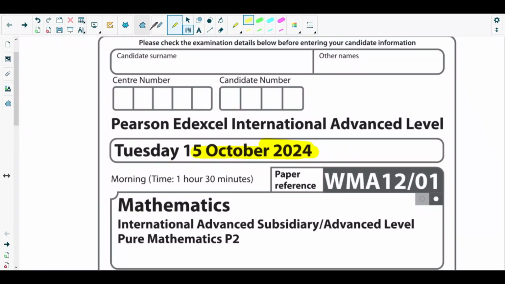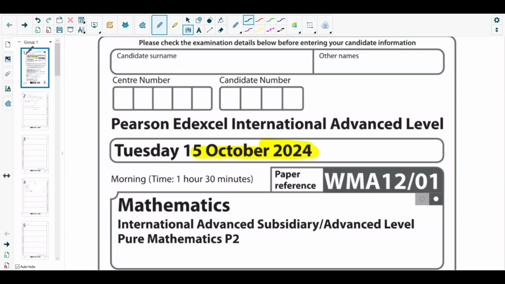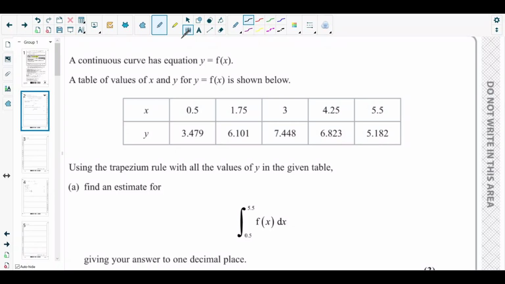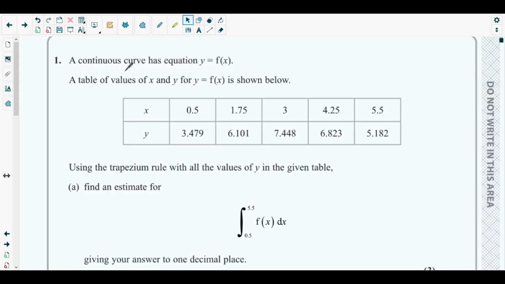Let's see what question number 1 of the P2 October 2024 paper is about. The concepts behind the first question are from integration, discussed in chapter 8, the last chapter of your Pure Mathematics 2 textbook.